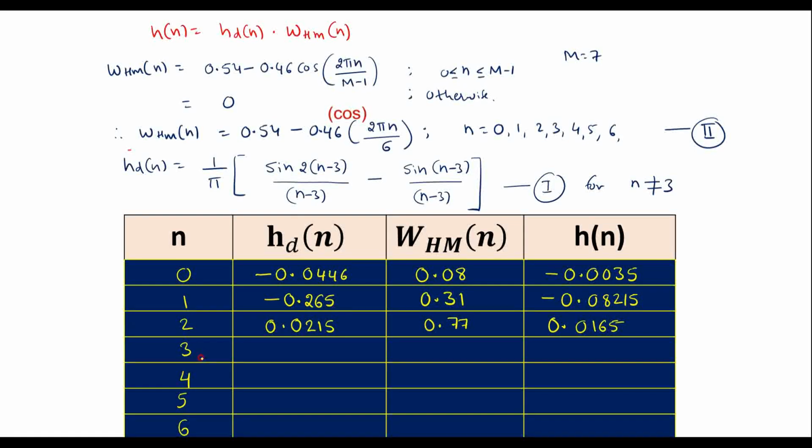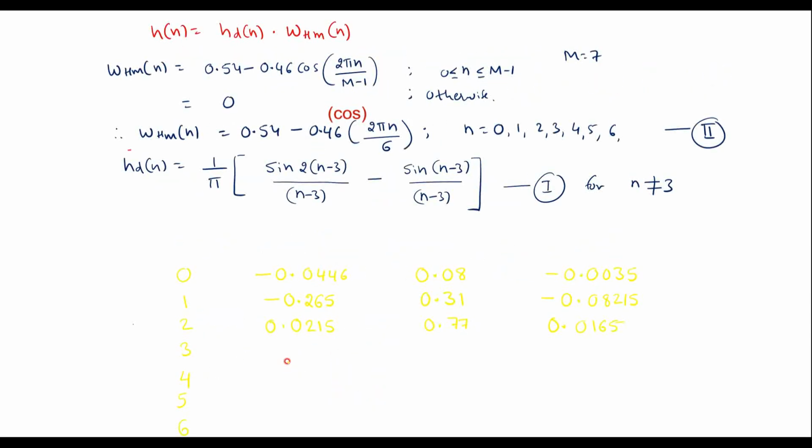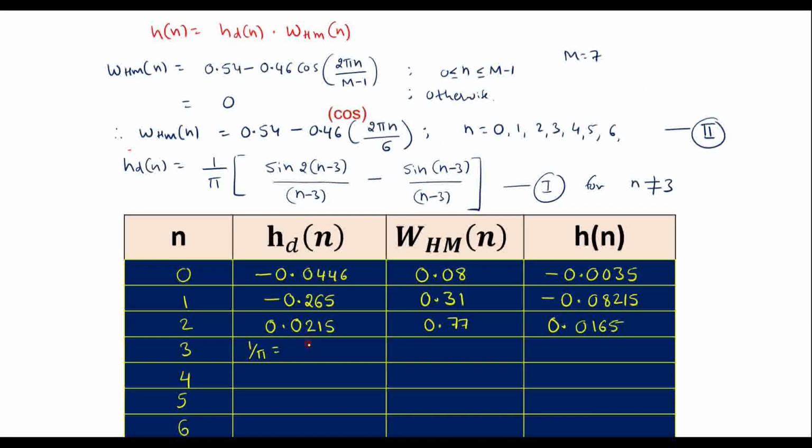Now for n equal to 3, as we know here, hd of 3 is equal to 1 by pi, which is nothing but 0.318, and for n equal to 3, Hamming window sequence is given by 1 and its value here is 0.318. Now for n equal to 4, it will be same as n equal to 2 because of linear phase, that is 0.0215. This will be 0.77 and this will be 0.0165.